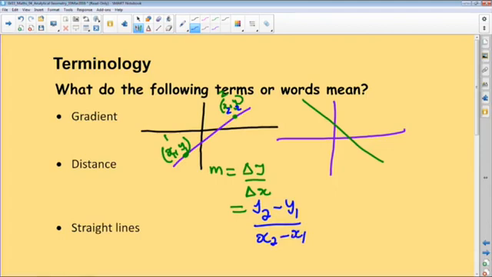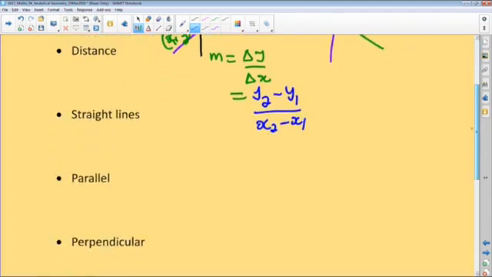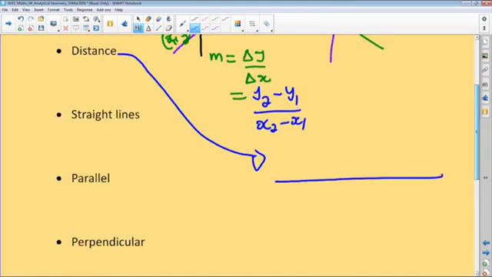Now again, guys, if you look at your distance, for instance, I can have a Cartesian plane again and have a point A here and point B there. I can ask you to work out the distance between those 2 points. For a horizontal or vertical one, it's easy to just work out the blocks.